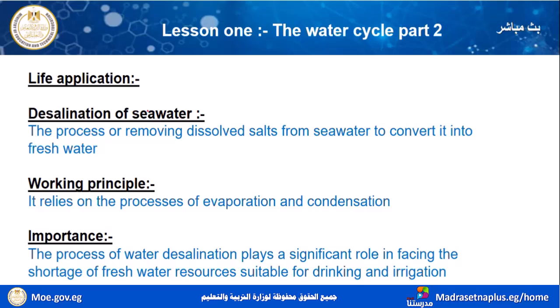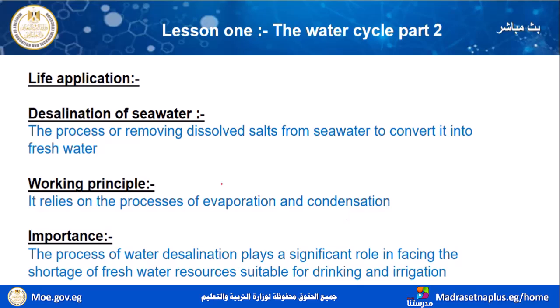So desalination of seawater is the process of removing dissolved salts from the seawater to convert it into fresh water. Working principle: it relies on the processes of evaporation and condensation. We said when we put salt water in the glass box, it gains thermal energy which comes from the sun and it will change into gaseous state or water vapor.